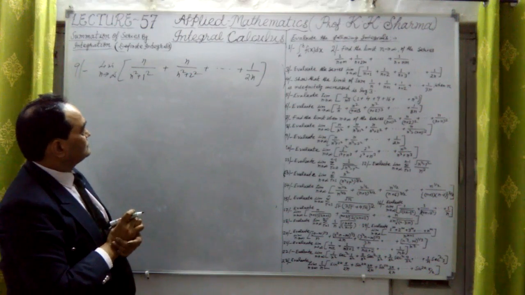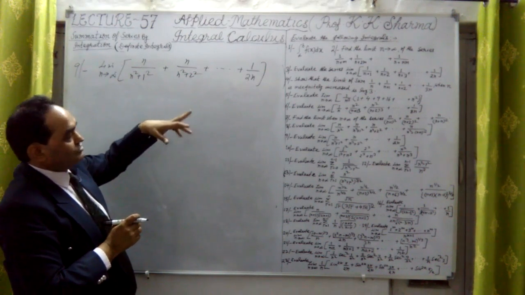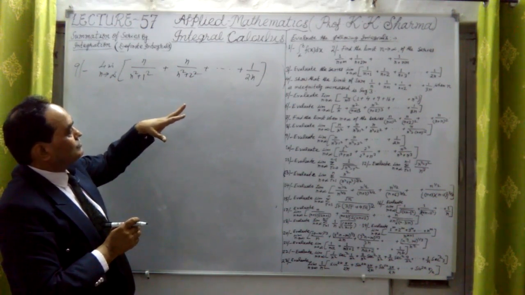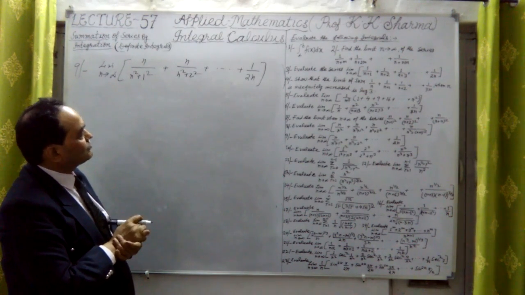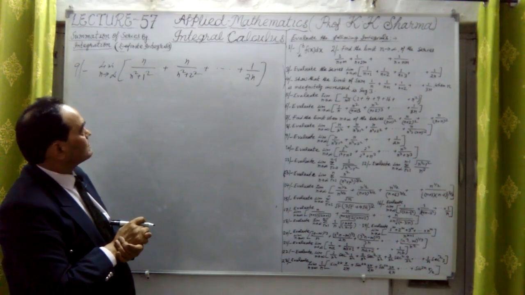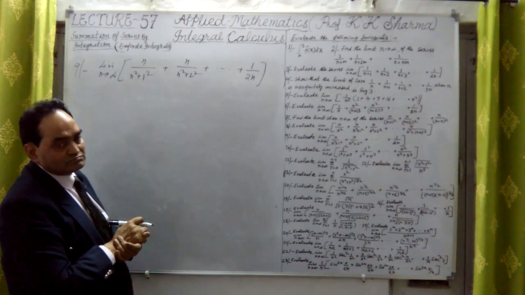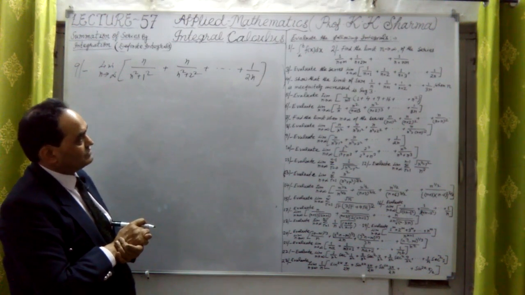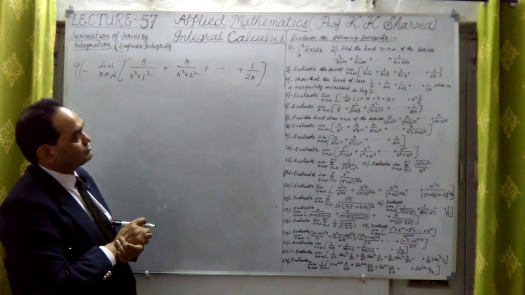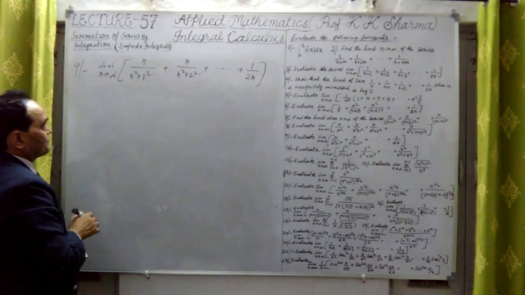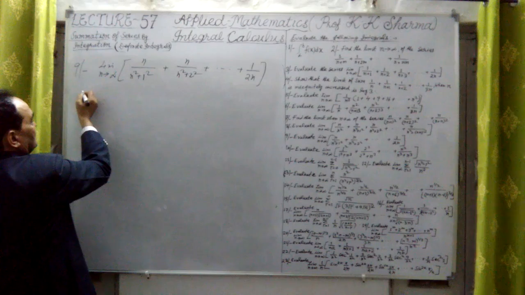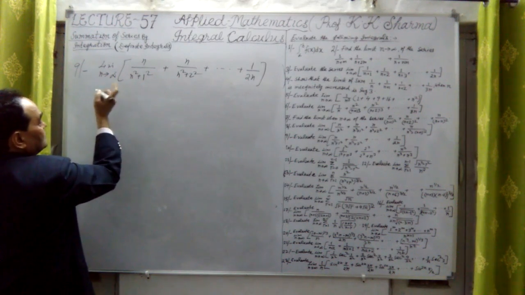The last term will be n upon n square plus n square, that means n upon twice n square, that means 1 upon twice n. Let me find out the rth term.